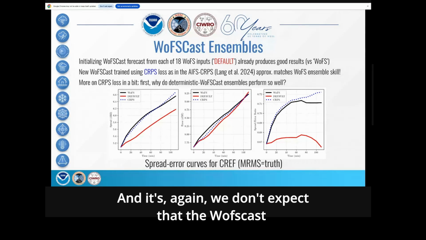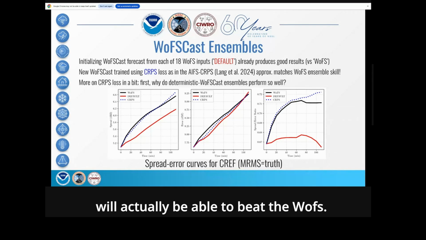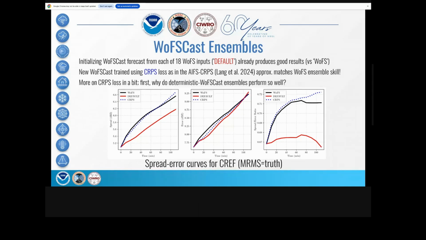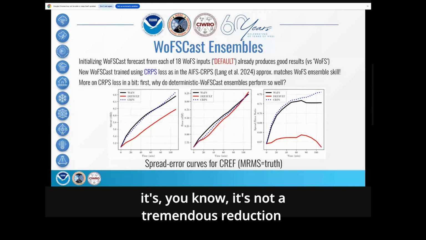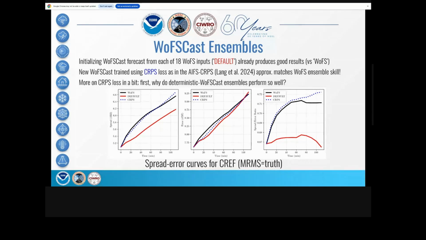Again, we don't expect that WoFSCast will actually be able to beat the WoFS. And then the spread error ratio, it's not a tremendous reduction comparing WoFS to WoFSCast. It's already pretty good.